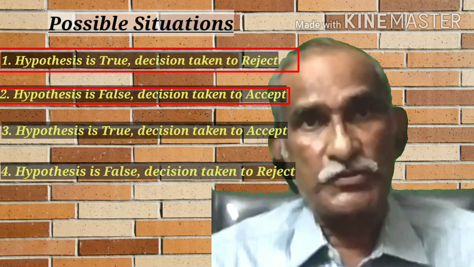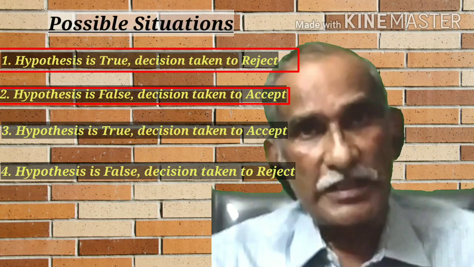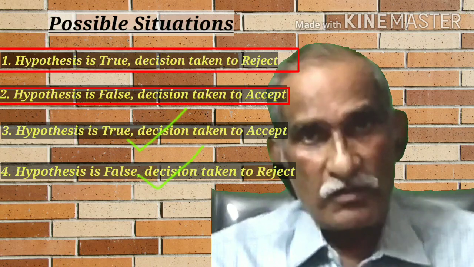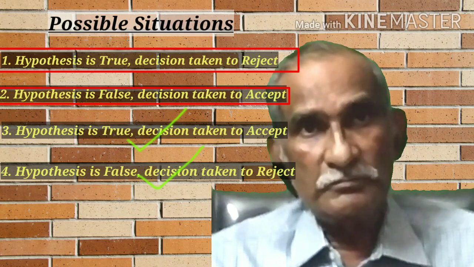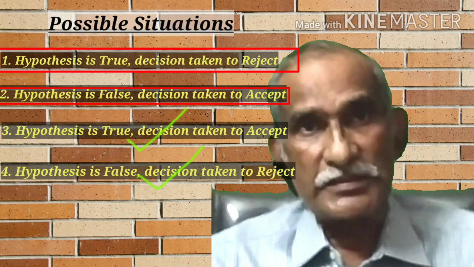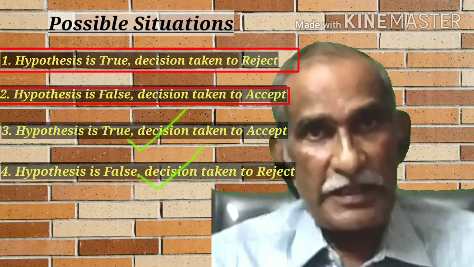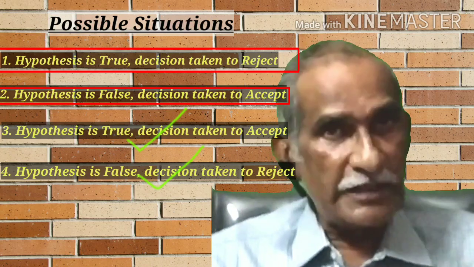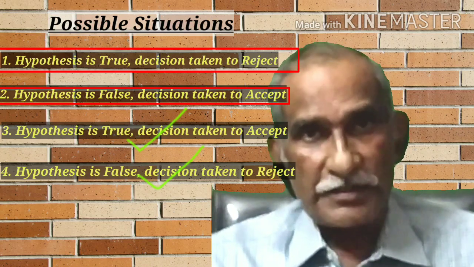If the hypothesis is true and we are accepting it, it is a correct decision. So out of 4 possible cases, in 2 cases we are committing error, and in the rest 2 cases we are not committing any errors.